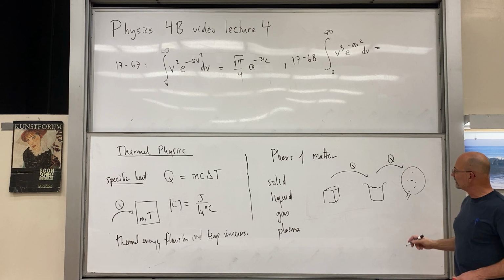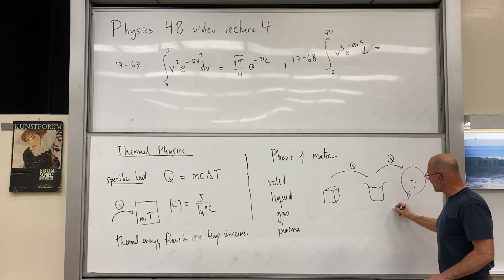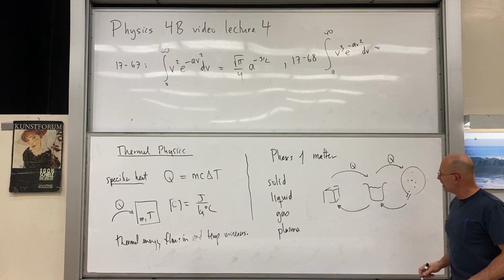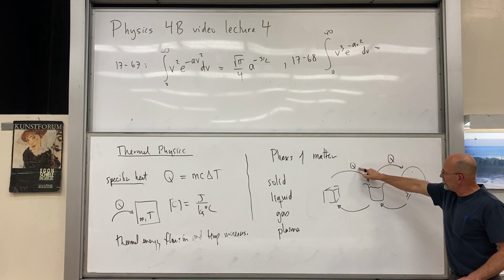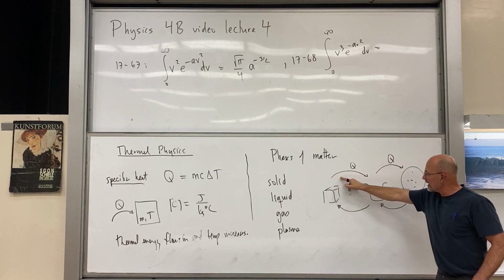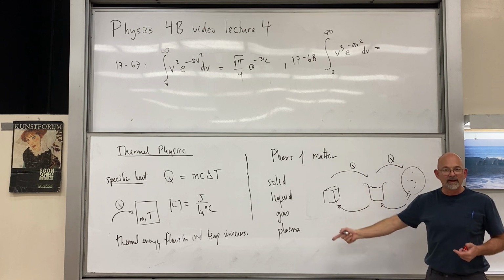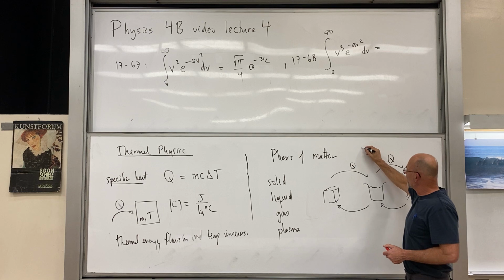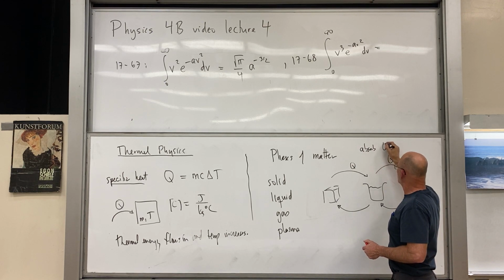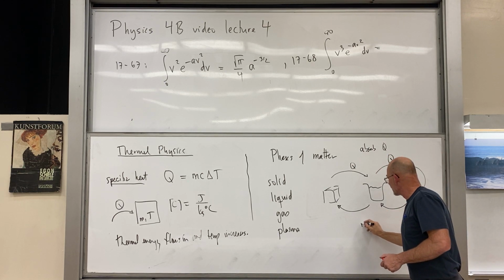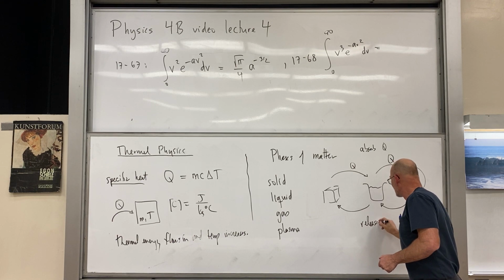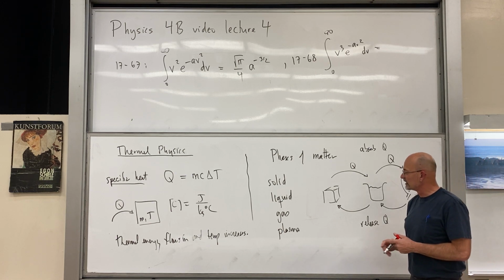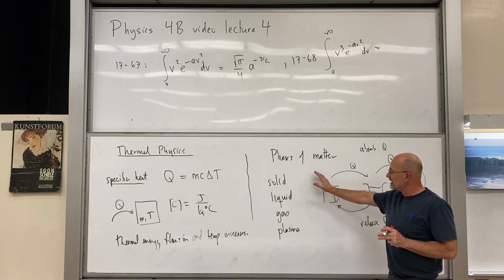And the interesting thing is, with these phase changes, you can go from a gas back to a liquid, from a liquid back to a solid. And so you increase the thermal energy, or you release the thermal energy, okay? So the substance can absorb thermal energy, and down here it would release thermal energy, okay?